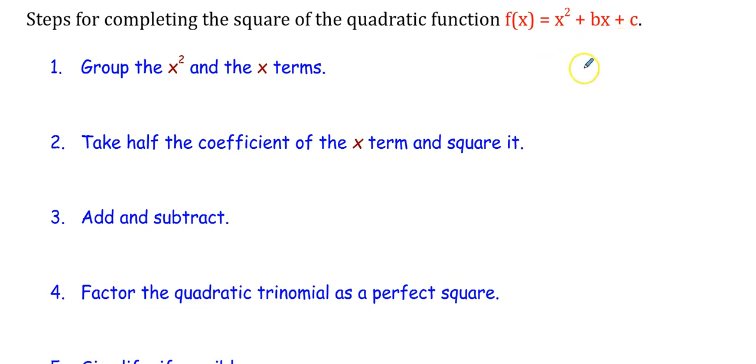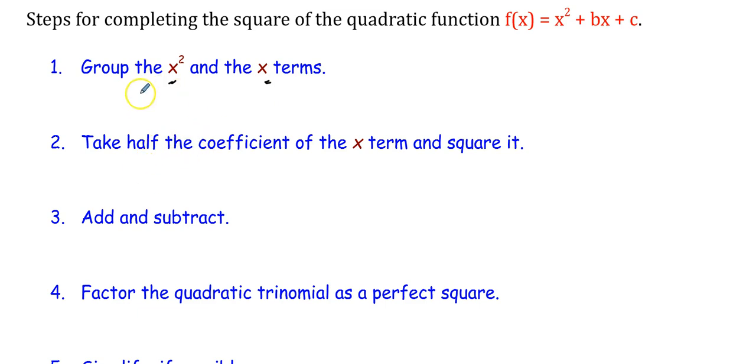Earlier I showed you with the known process of factorization, but here we are doing the actual procedure, one step at a time. In the first step, I have to group the x squared and x terms.